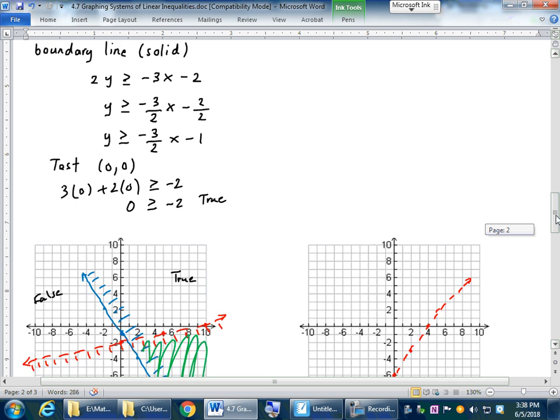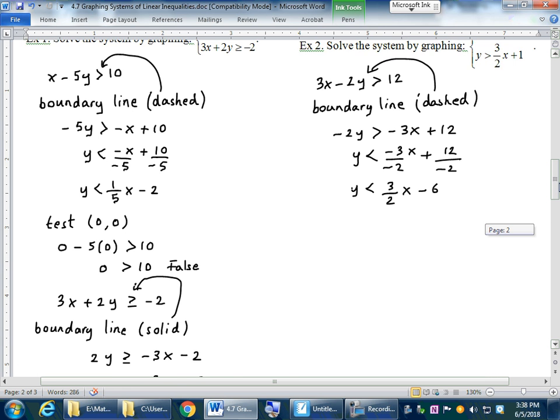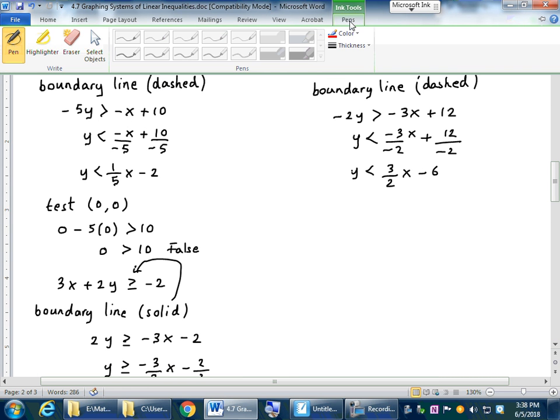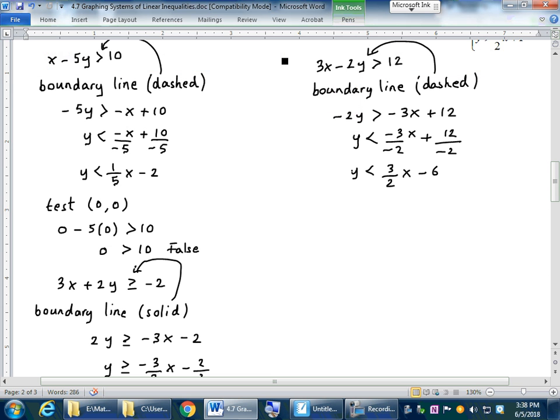Now we're going to do the testing. And from the graph, we saw that 0, 0 is okay to use, right? Because it's not on the boundary line. So it'll be 3 times 0 minus 2 times 0 is greater than 12. 0 is greater than 12. That is false.